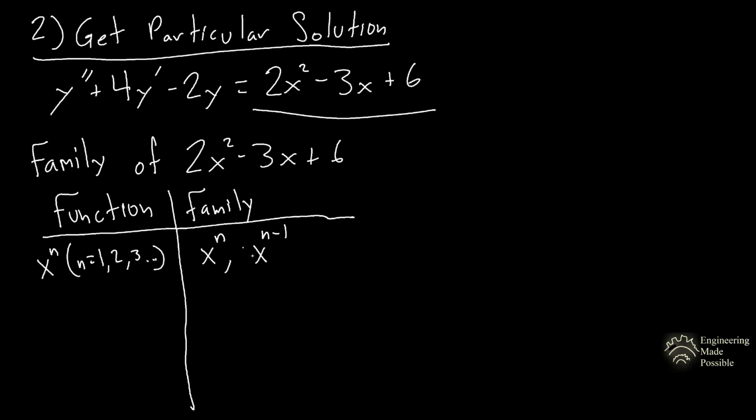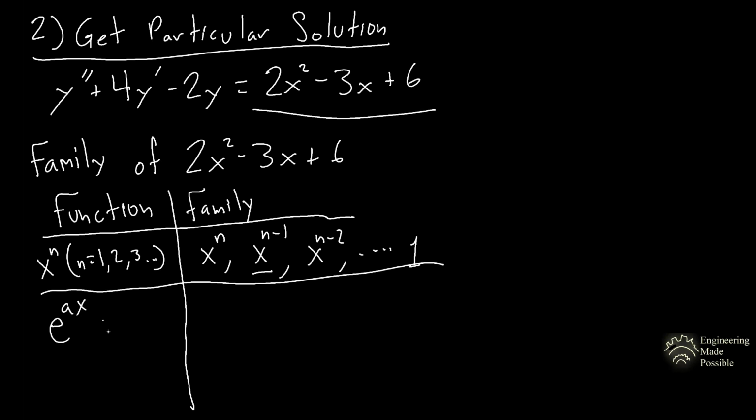In this case, you don't need to consider the coefficient because we're looking at the family of it, right? It could be multiplied by any coefficient regardless. And of course, you keep on going with the derivatives, x to the power of n take away 2, and so forth. Sooner or later, you'll end up with 1. So these are all the families of that function x to the power of n.